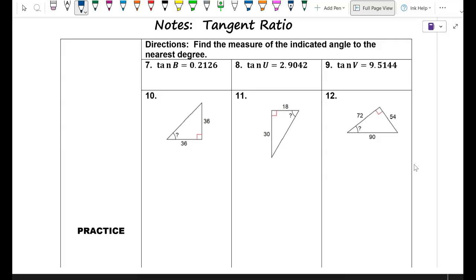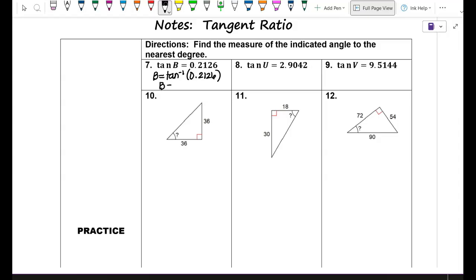So here, we're going to round to the nearest whole number. So if they're telling us that the tangent of B has a ratio of 0.2126, that means that B has to equal the inverse tangent, so that tangent to the -1, parentheses 0.2126.